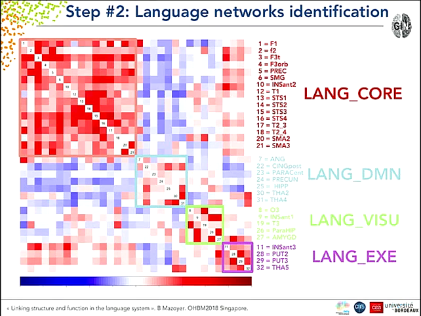Then we have what we name the lang default mode network, which is a set of regions that come out from this. Remember, these are regions that are activated and asymmetric during language. But still, these regions belong to the DMN, what Carl has been talking about a little bit before.